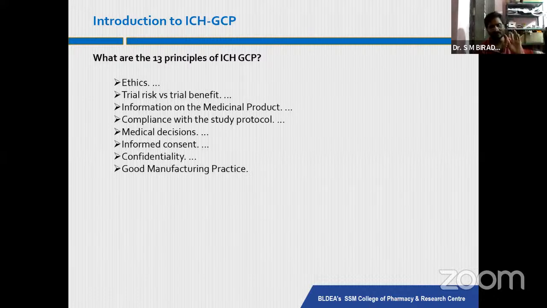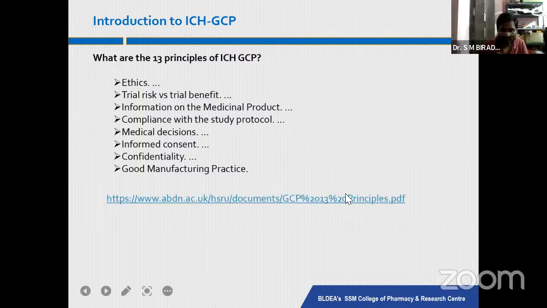Otherwise the public may panic because they may not understand this small side effect, and due to that panic, some other side effect may happen. So we should follow good practice.